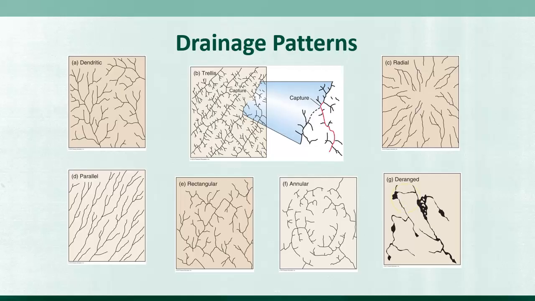If you decide to complete physical geography assignment number 6A, you will be required to do a little bit of research on drainage patterns. Take a look at the text that shows these different drainage patterns and talks a little bit about how each of them are created.